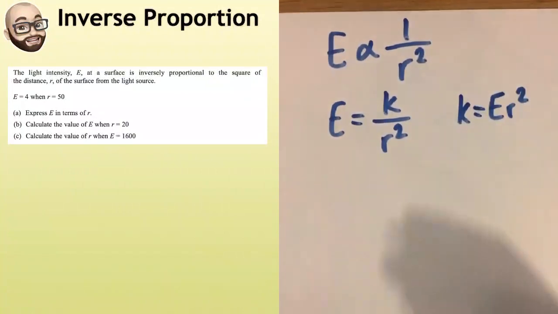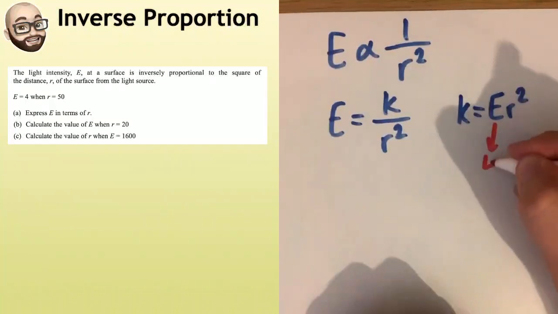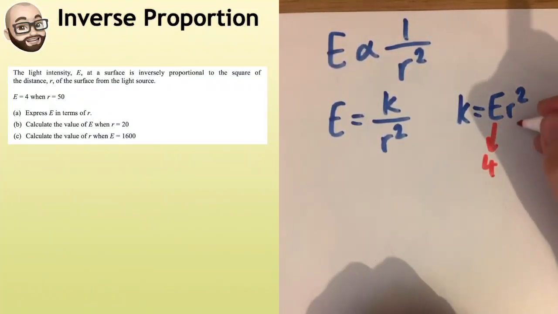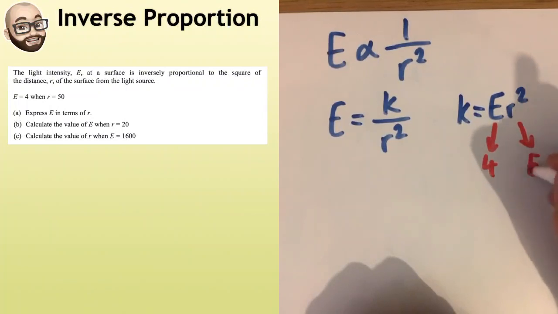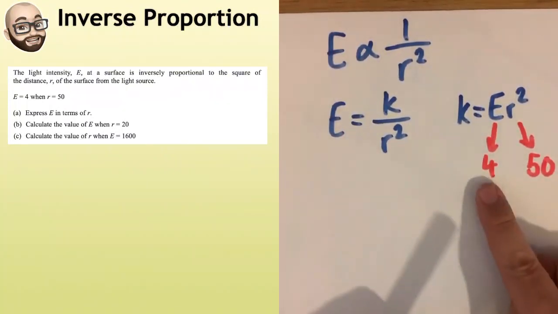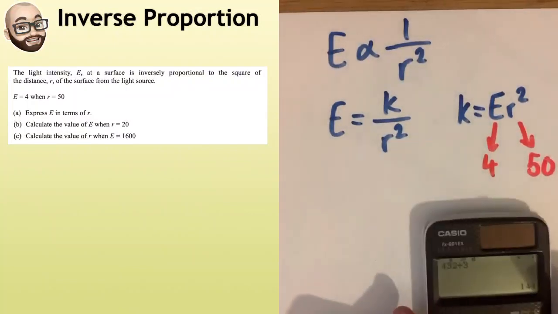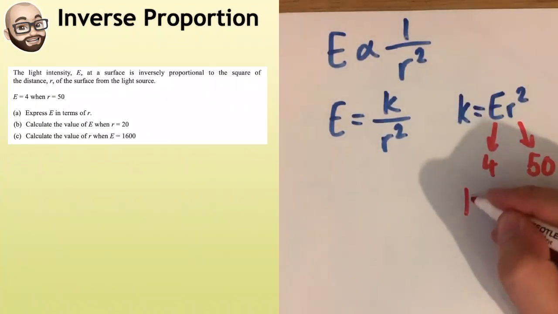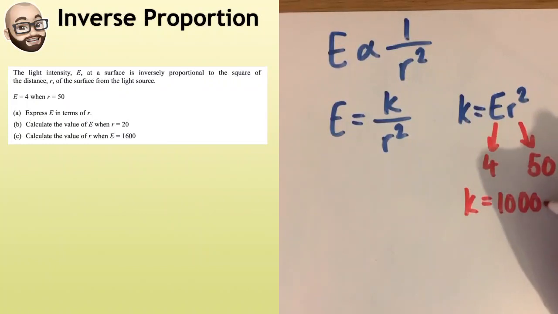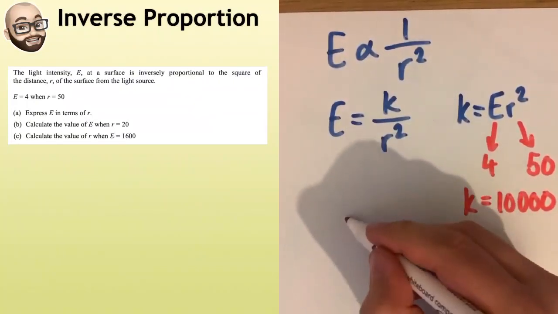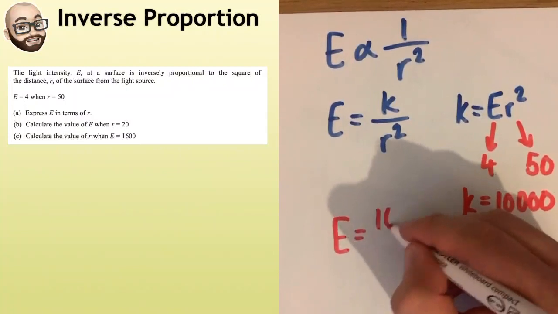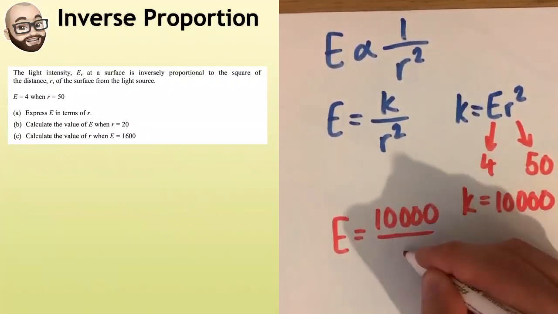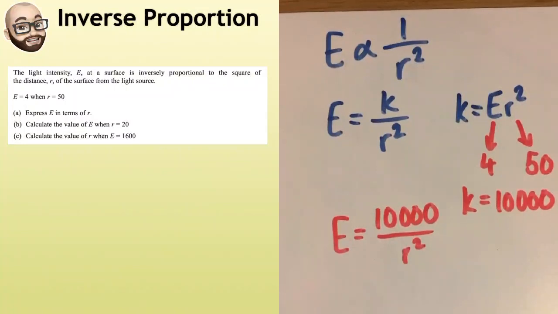It tells us E is 4 when R is 50. So we need to do 4 times 50 squared. That gets me 10,000. So K is 10,000. My actual formula is going to be E equals 10,000 over R squared.